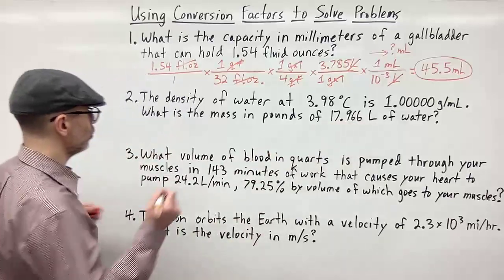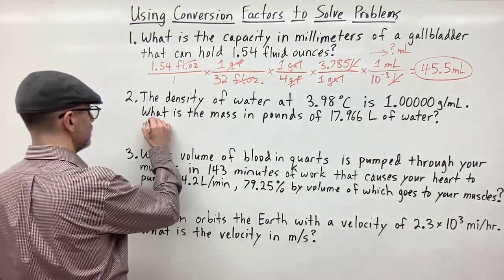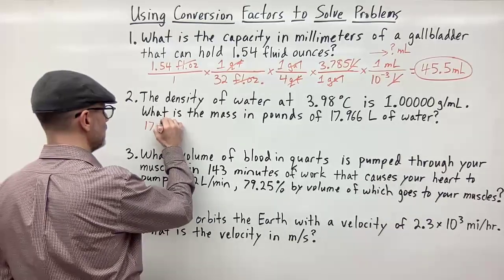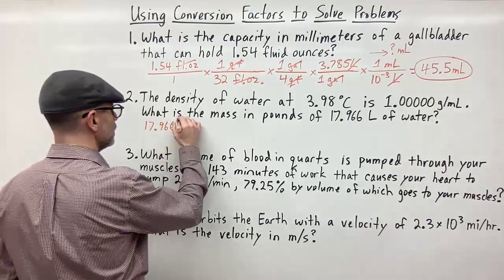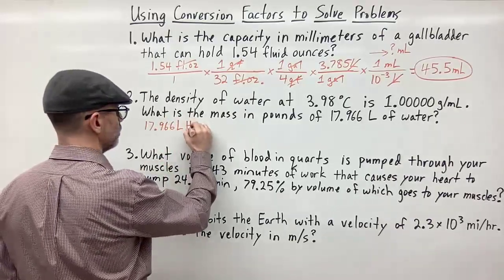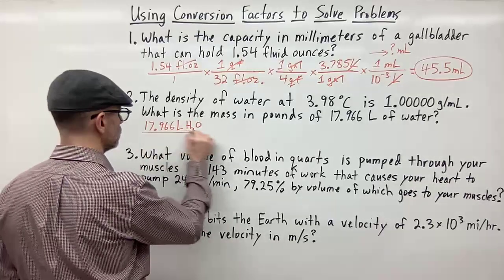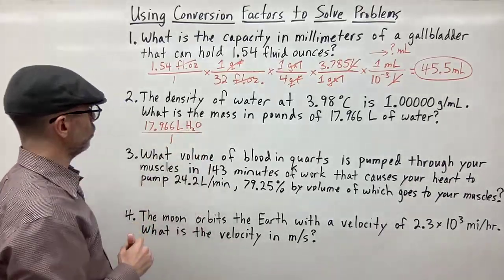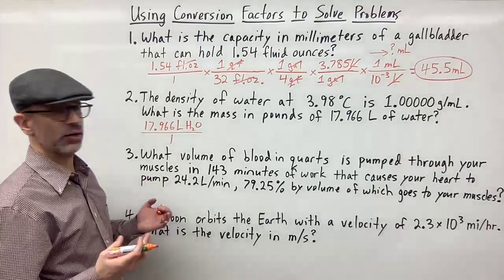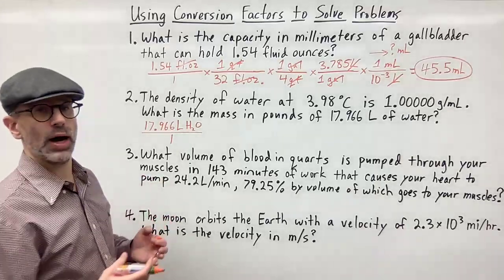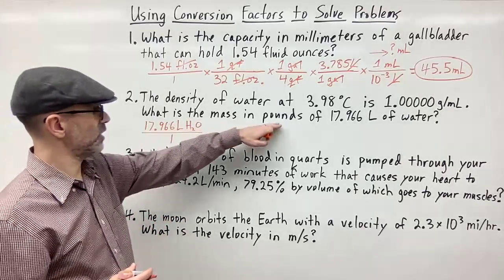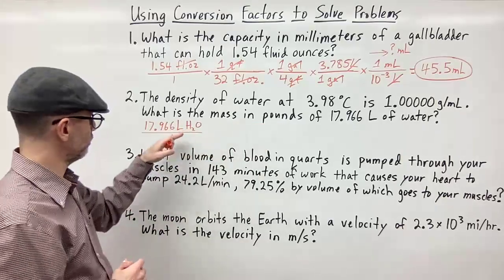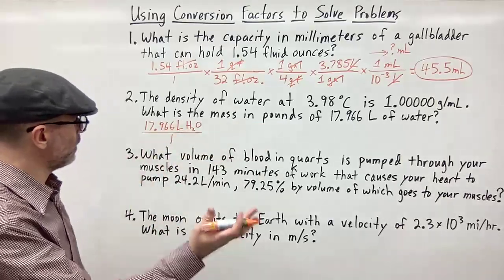And so we're going to start with 17.966 liters of H2O over 1. And now we start converting. We want to get to mass in pounds. So we need to convert liters to a mass unit.